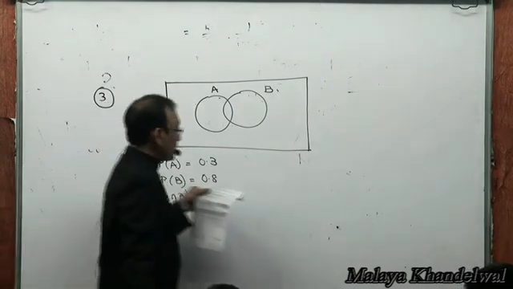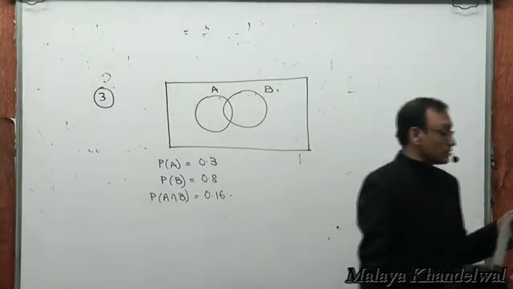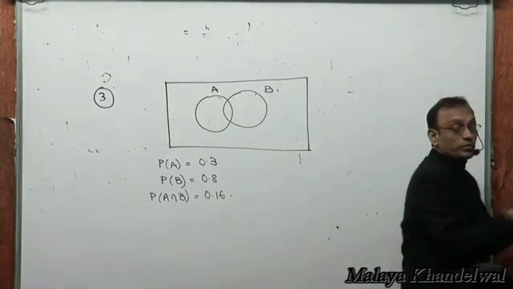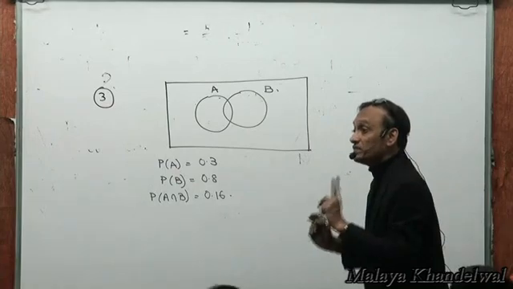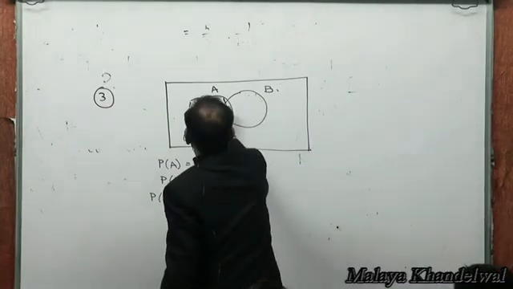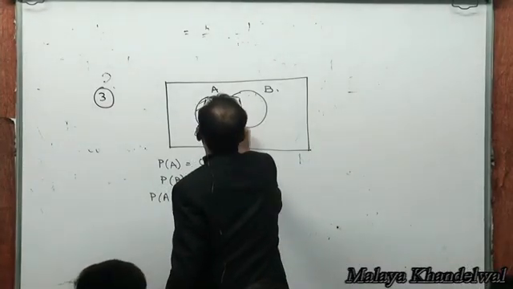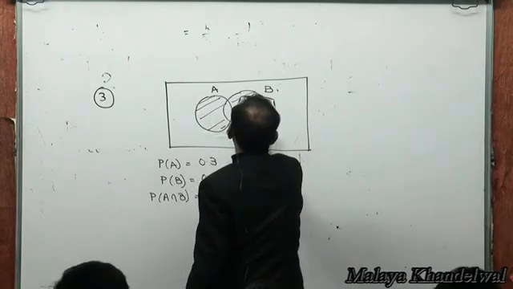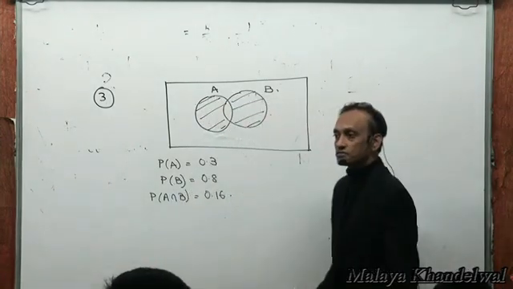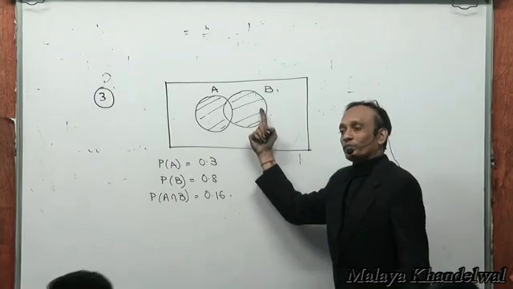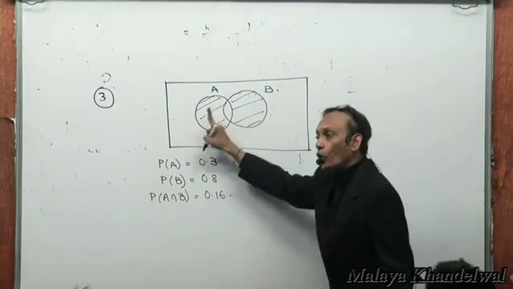We want to find the probability that exactly one event happens. That means we want to find the probability of this region. Either A or B. Exactly one, either A or B.